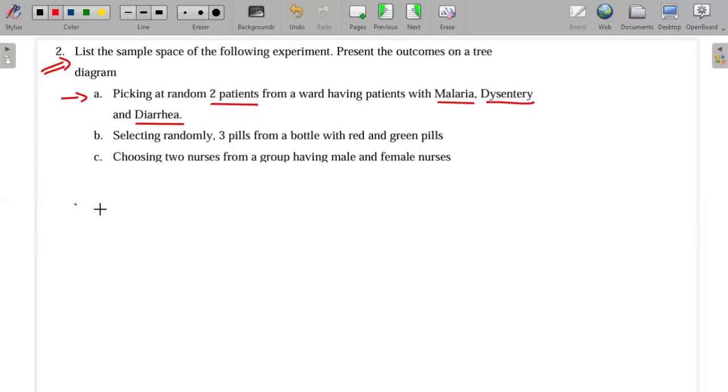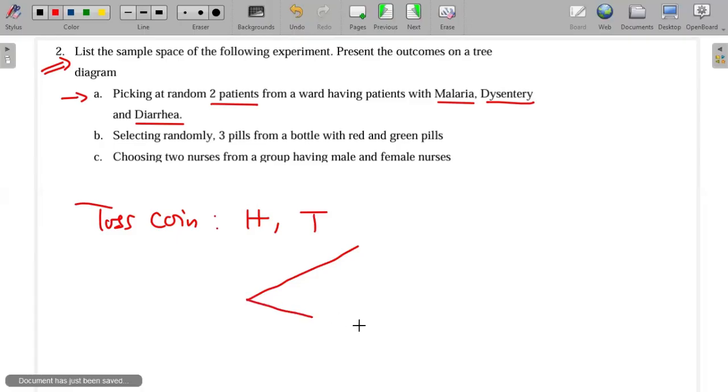If I toss a coin, my possible outcomes are that it can land on the head or it can land on the tail. Now if I want to represent this on a tree diagram, I'm just going to write like that.